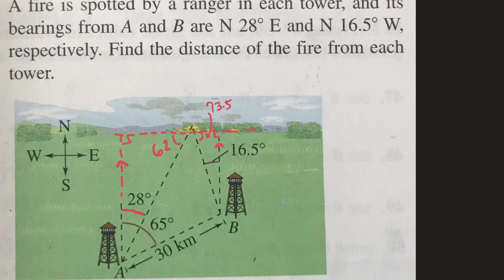Now, we have three angles, angle 1, angle 2, and angle 3 here, right? So 1, 2, 3, that add up to give me a straight angle, which is 180 degrees. So I'm going to add those two, 73.5 and 62. I'm going to subtract from 180 to get the angle 2 in the middle.